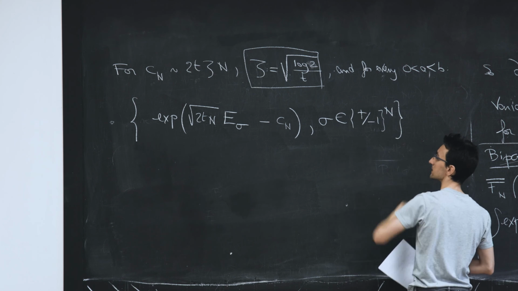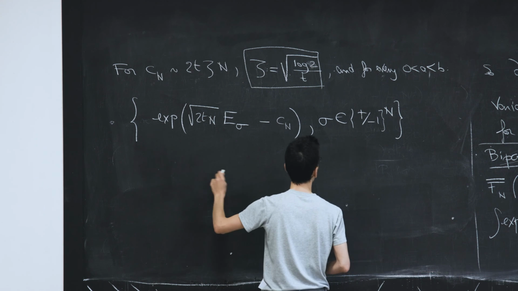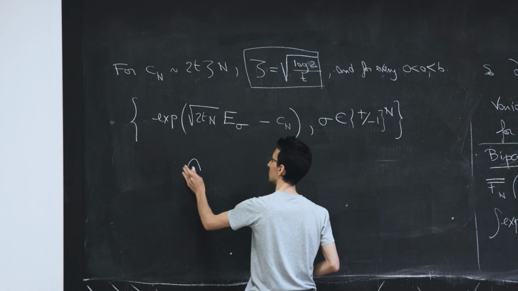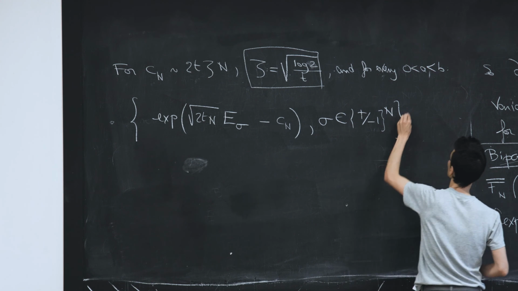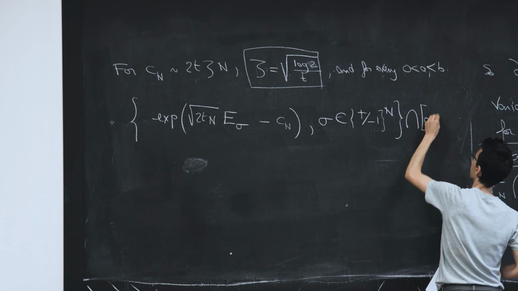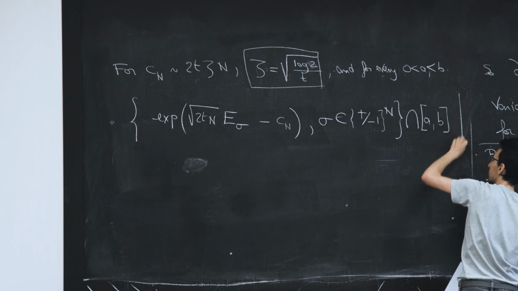So if I look at this set, and I think about how many points in this set fall into the interval AB, and I just count these points, okay?